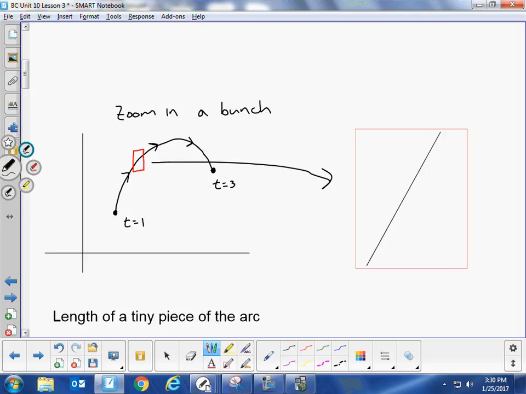Here is the length of that small piece of curve. It's whatever my distance is from there to there. How would I calculate that distance?